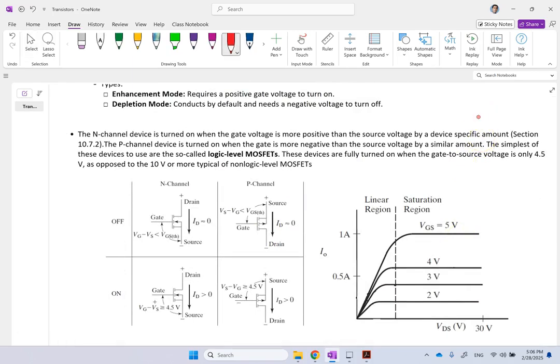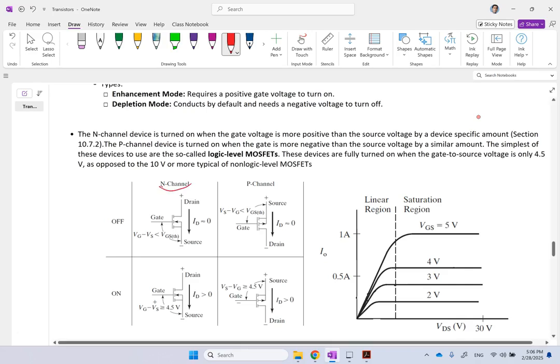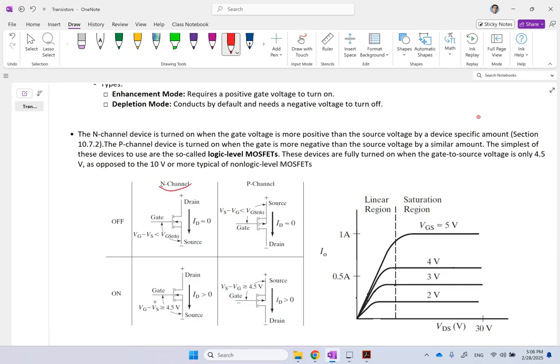So here you have the gate, you have the drain, and you have the source, and this is for N channel, which is similar to NPN. So in the case of this N channel, how would you make the current to go from the drain to the source? Or not go. This is the off state, so there is no current going. This is the on state, that the current is going from drain to source.